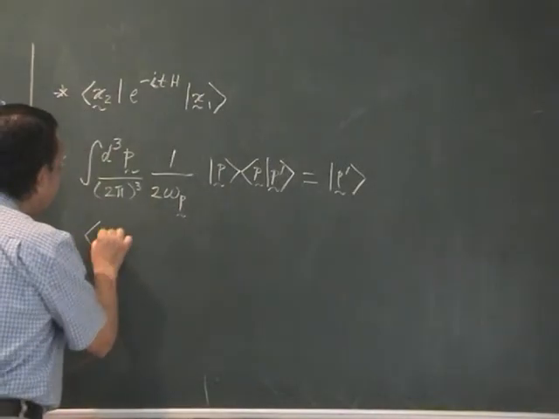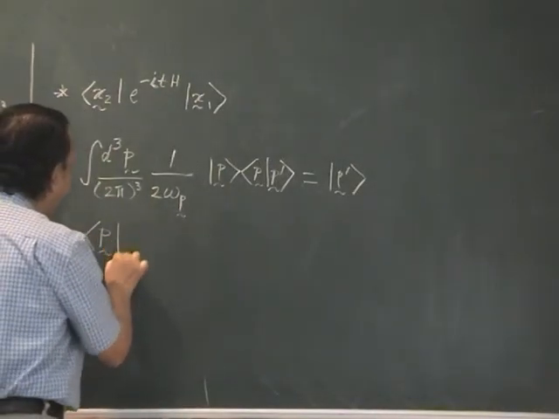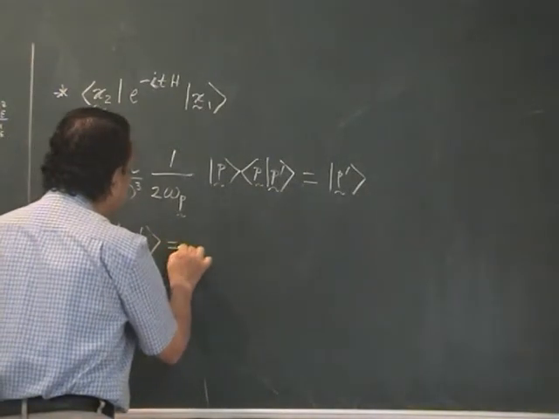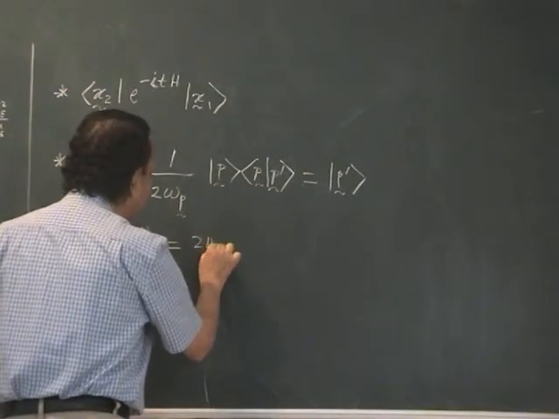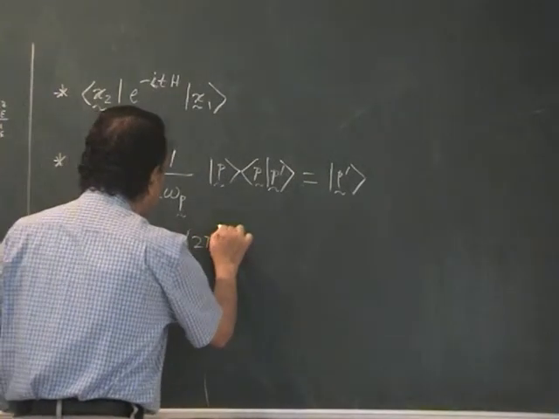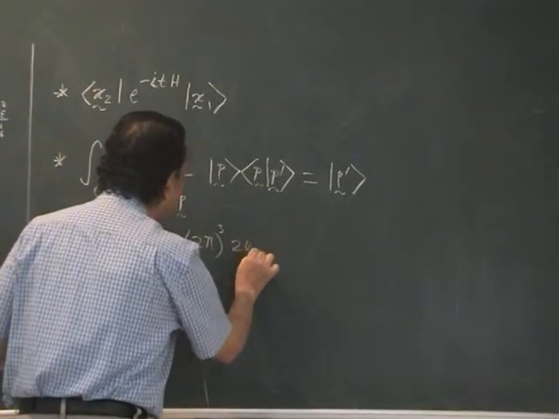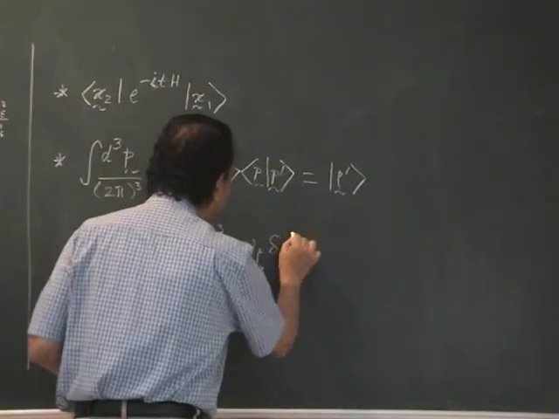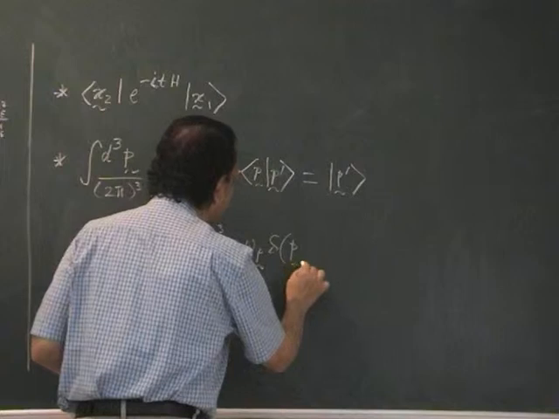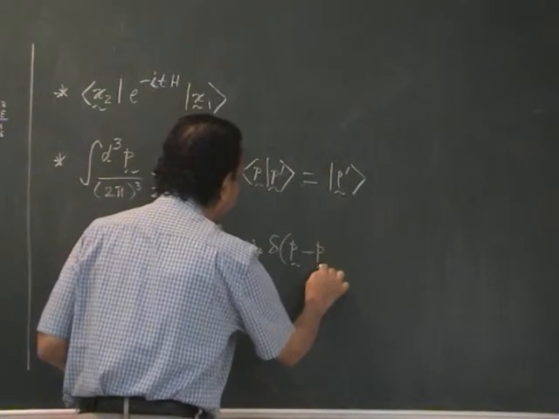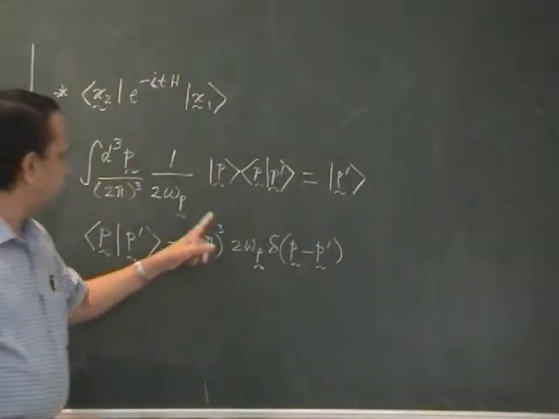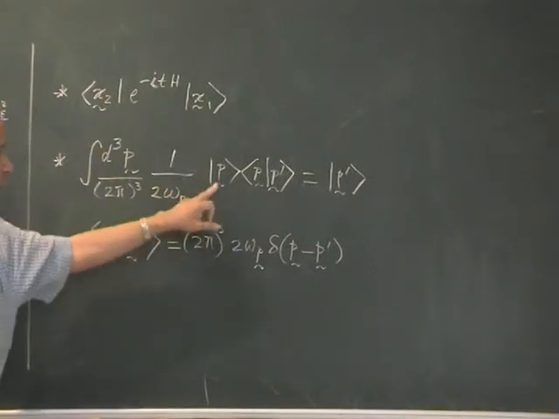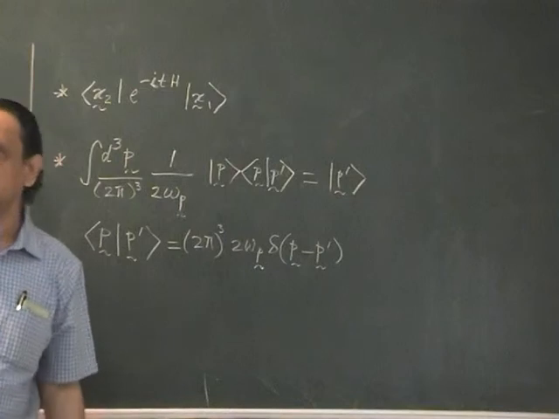This requires the inner product of p with p prime to be equal to (2 pi) cubed, 2 omega p, this is the new thing, times the delta function of p minus p prime. So now if you plug it in, this will get cancelled, and you integrate this over p with a delta function, you recover p prime.